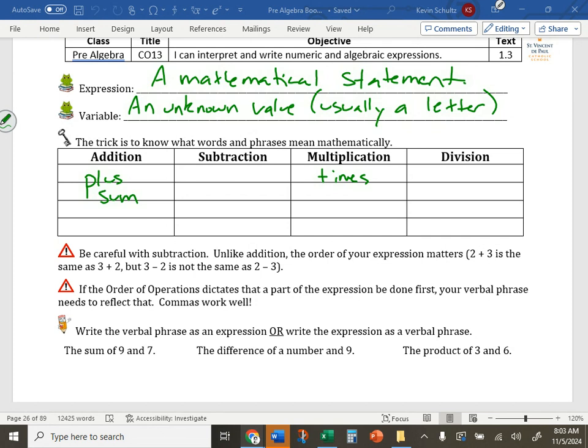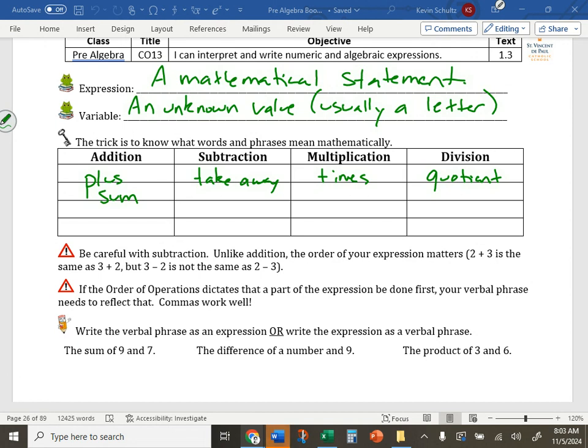Take away. Although that does mean to subtract, so we can put that up there. Anyone? The answer to a subtraction expression? Quotient would be the answer to a division. Okay? Quotient means the answer to a division expression.